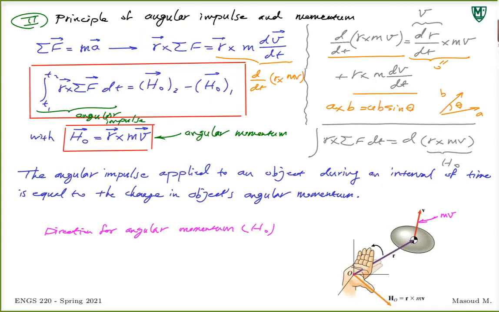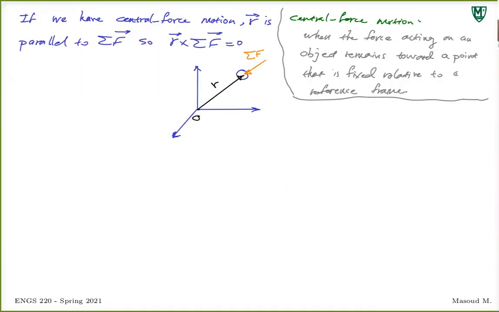If they are parallel, the angle between them is 180 degrees, and sine 180 degrees is 0. So the left side is gone. You get rid of the integral part. So what you get is H_O at point 2 is equal to H_O at point 1.